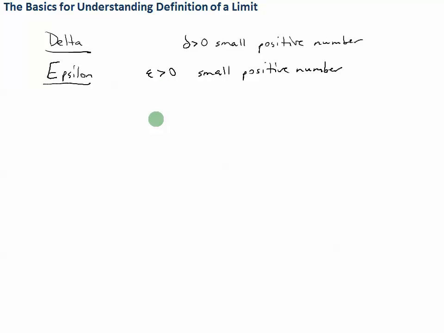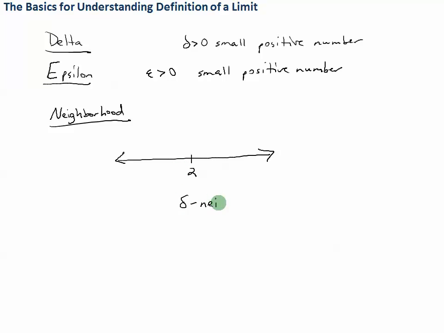Now let's talk about neighborhood, a mathematical neighborhood. If you look at a number line, and let's call this a number 2, we could look at what's called a delta neighborhood of 2.